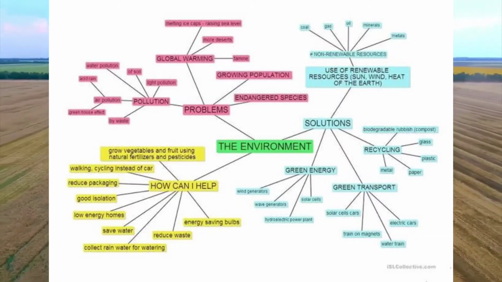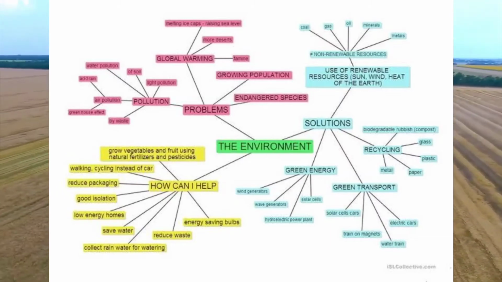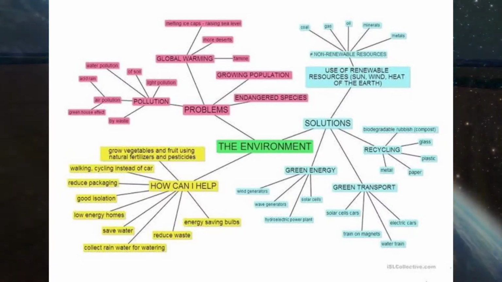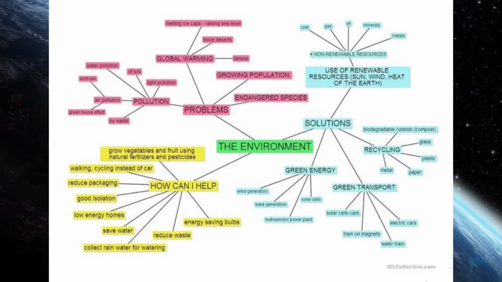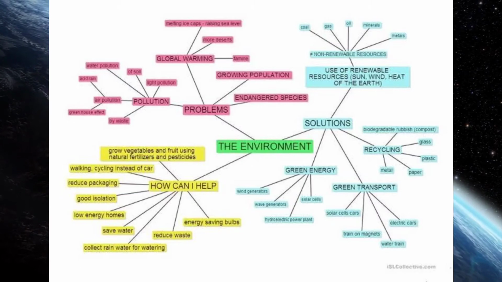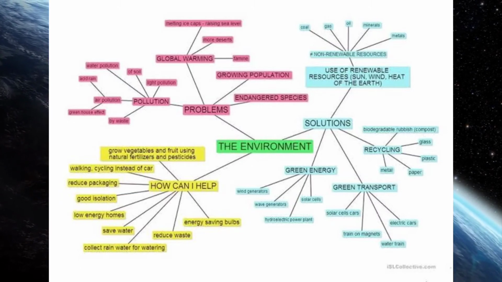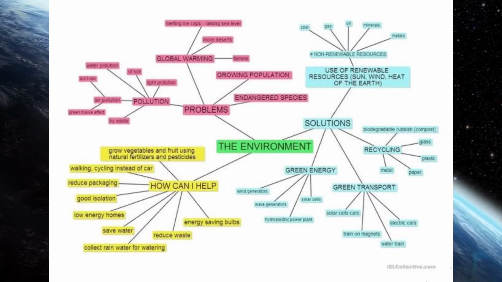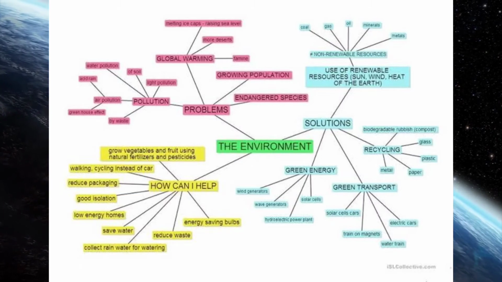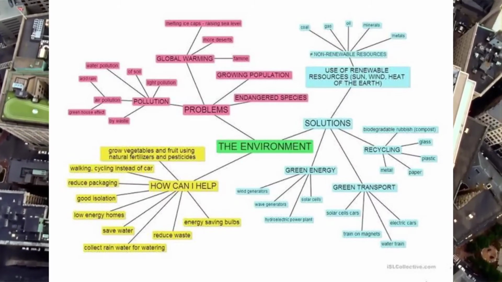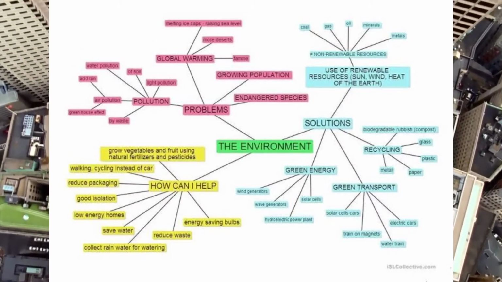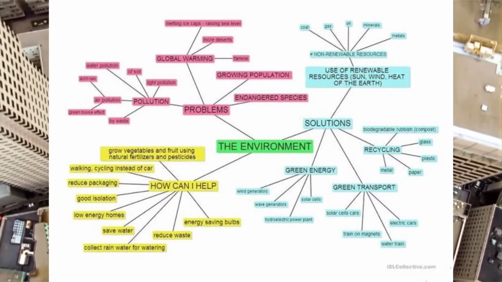So we have also solutions like recycling of plastics, papers, and metal, and composting biodegradable rubbish. Personally, we can switch to growing vegetables and fruit using natural fertilizers and pesticide, especially now in this time of pandemic at home.